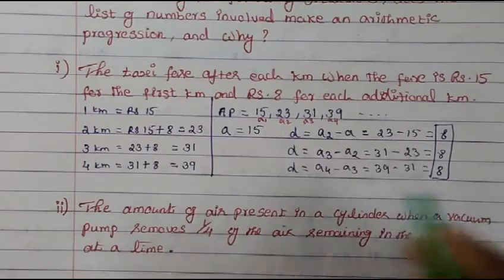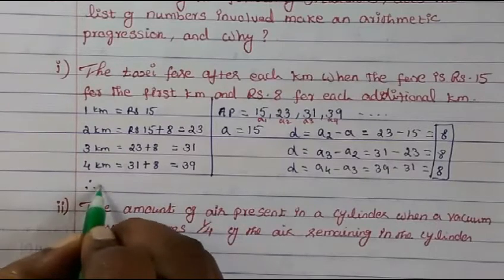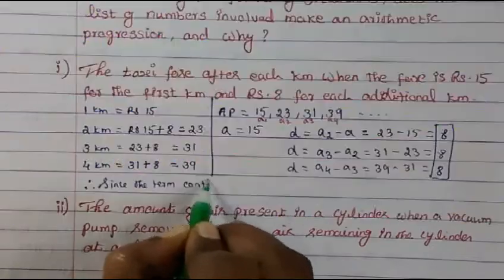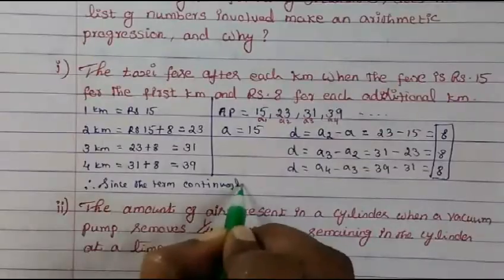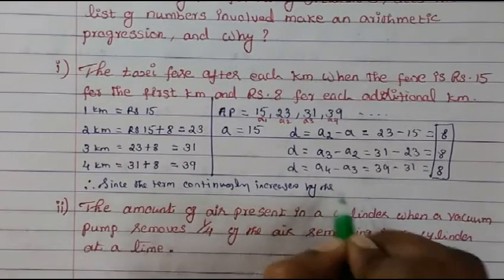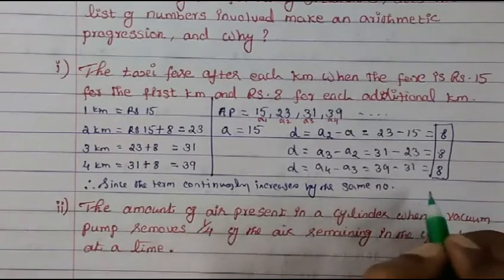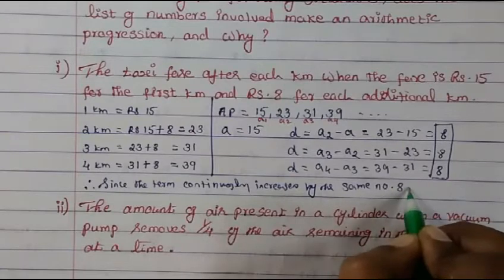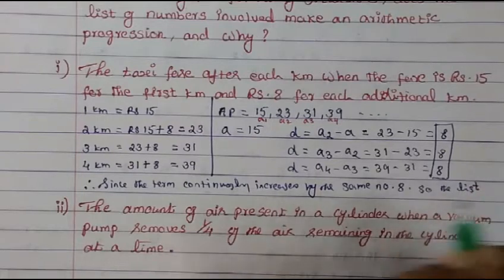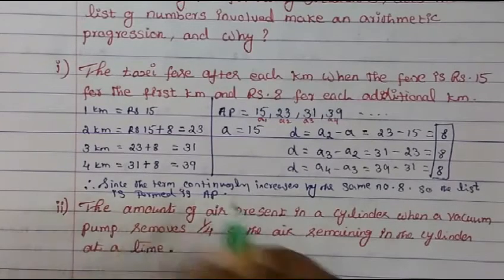So there is a pattern being formed. Therefore, we can say that since the terms continuously increase by the same number 8, the list formed is an AP.